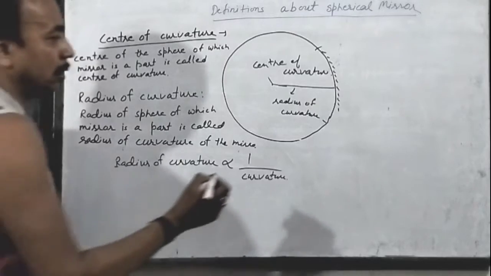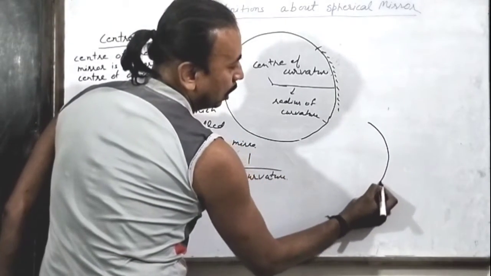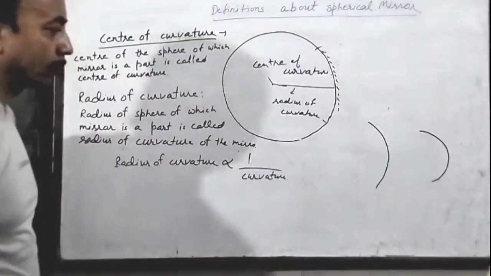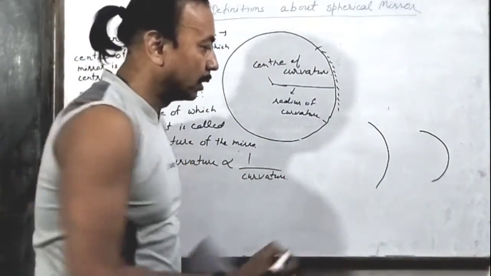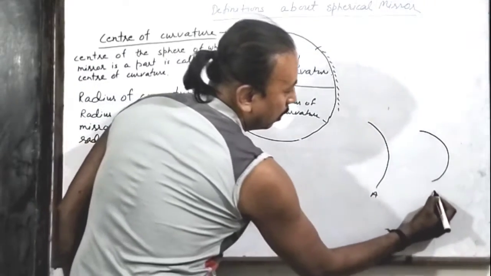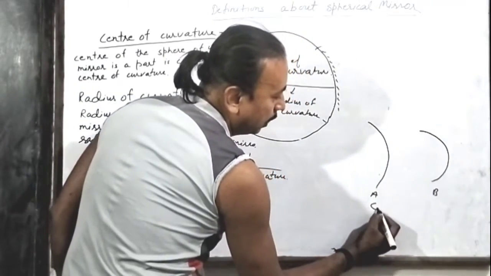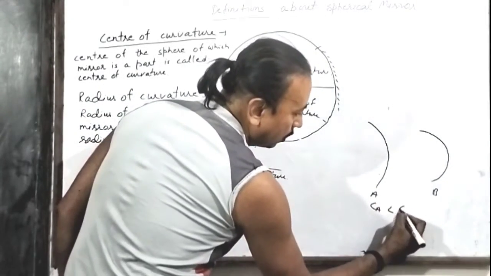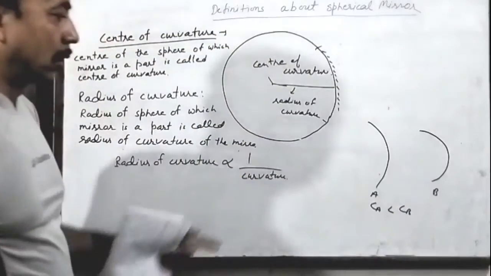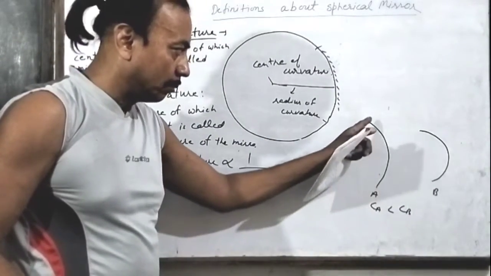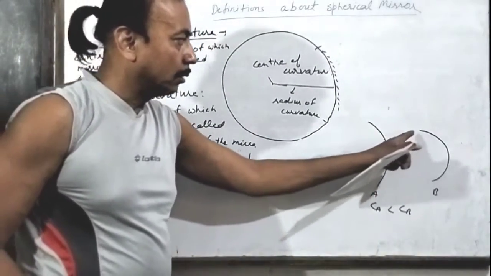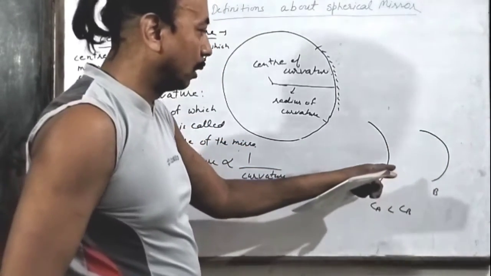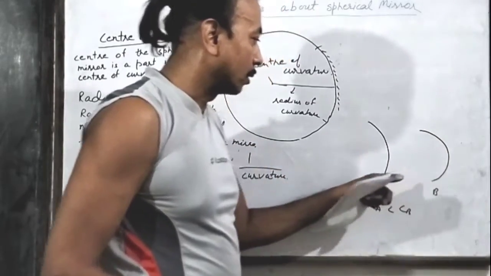Suppose these are two mirrors, A and B. We see that the curvature of the first mirror CA is less than CB. कर्वेचर ऑफ ए मतलब इसका जो कर्व है ये बहुत ज्यादा अंदर की तरफ है, more inwards to the surface.